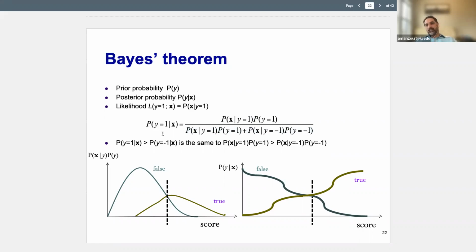But what Bayesian theorem does is that it represents your conditional probability, what we are after, in terms of the things we can calculate.